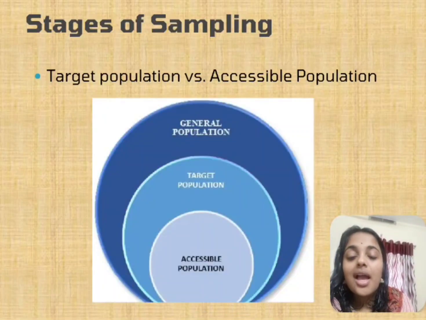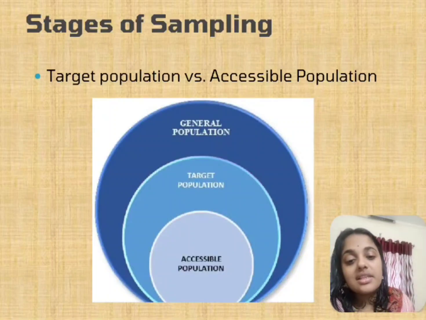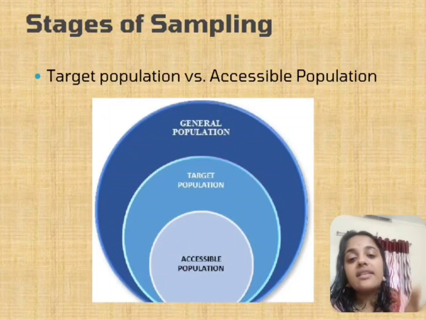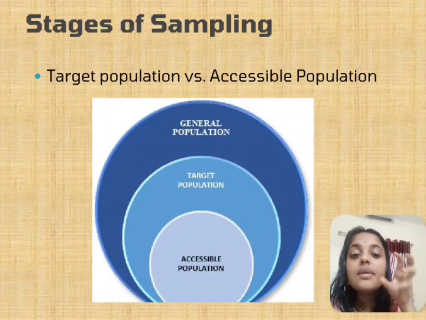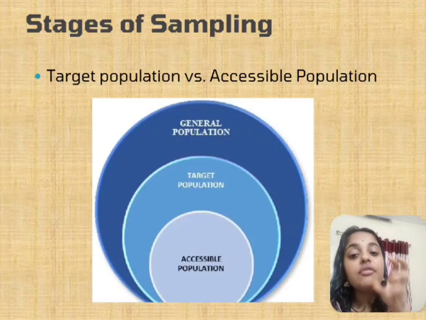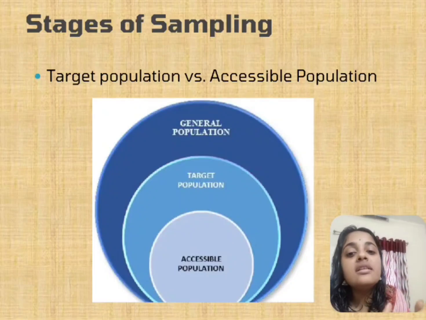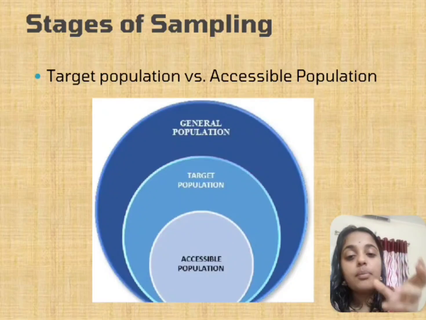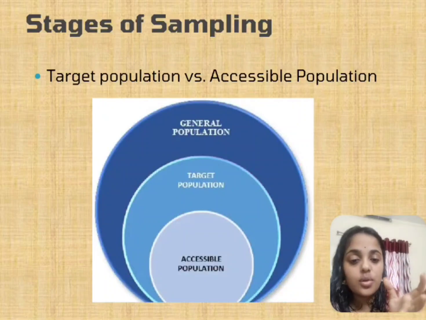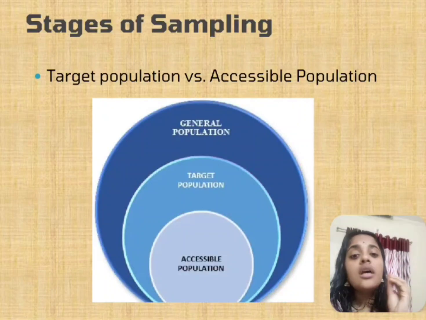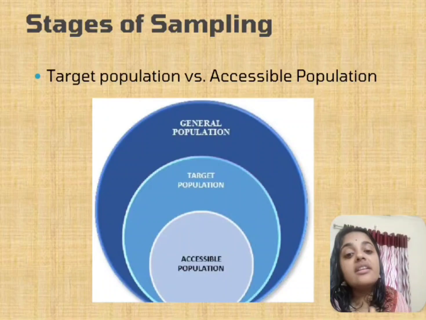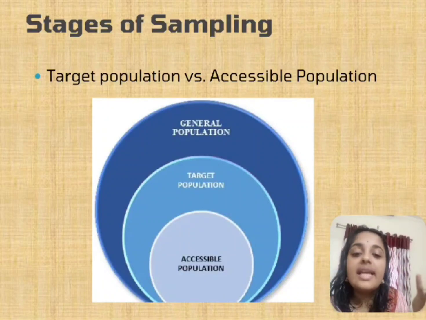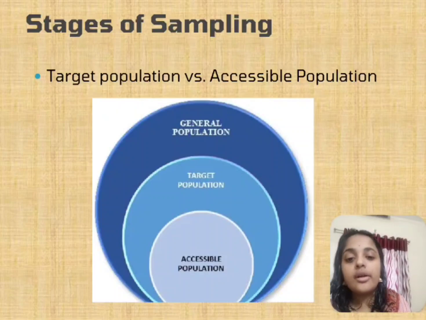Now there is a diagram representing the target population and the accessible population. The accessible population is the part from which the sample is drawn, and the target population and general population are also there. We can understand it with a very simple example. Just imagine there is a population called Indian adolescents. Who will be the general population?